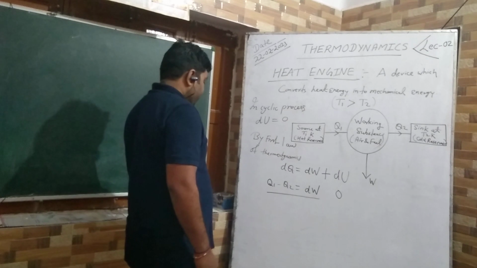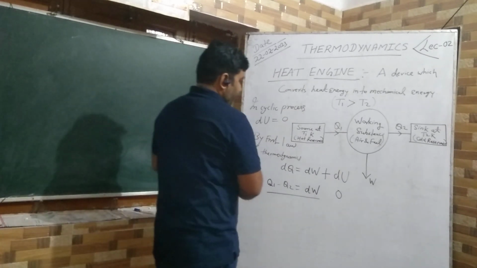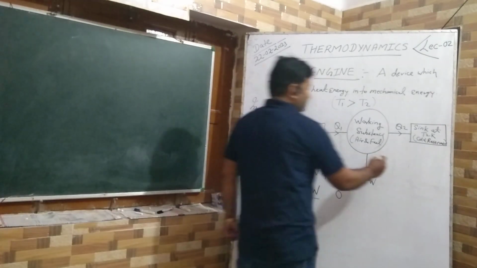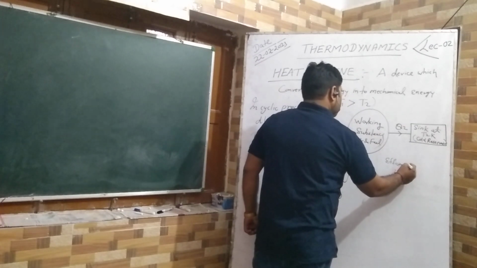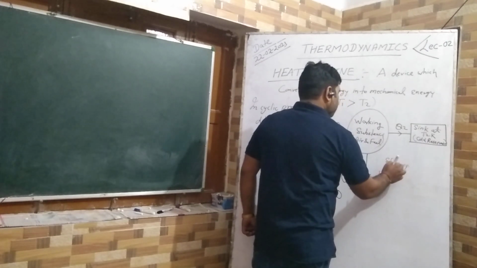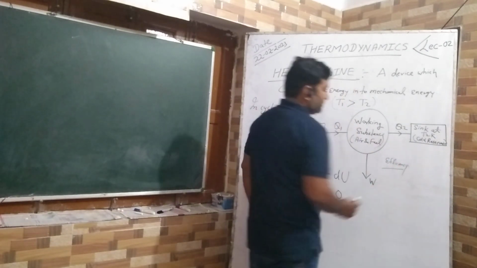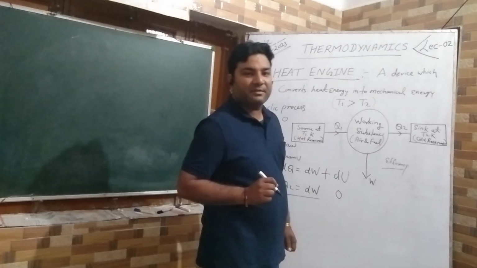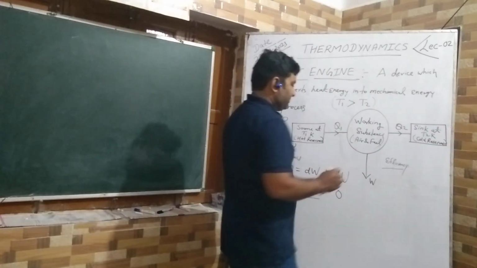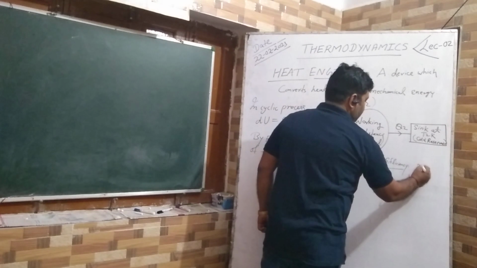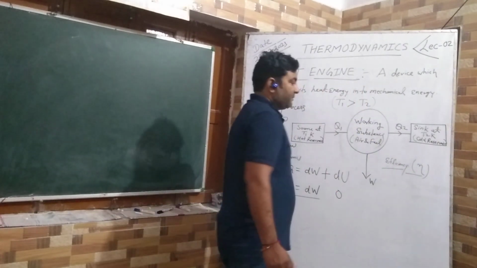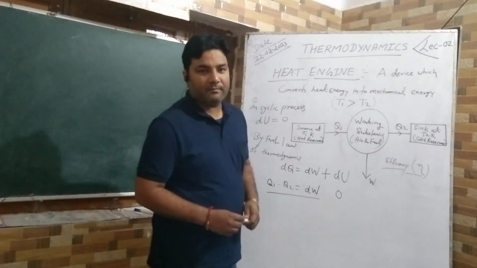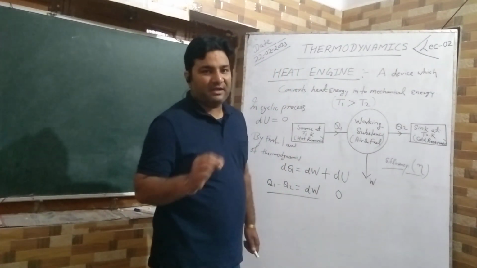The efficiency of a heat engine is normally represented by the eta symbol, and this efficiency is defined as output upon input.